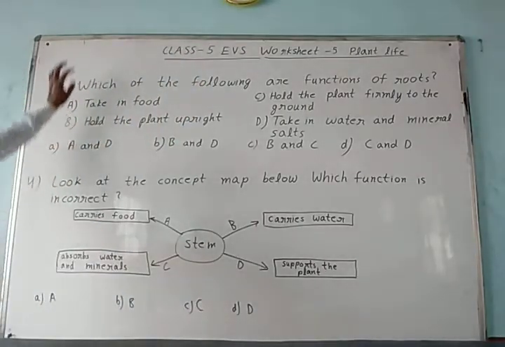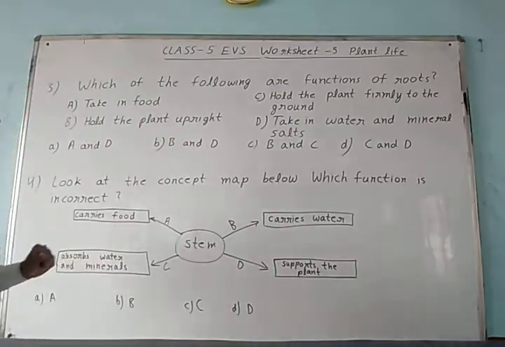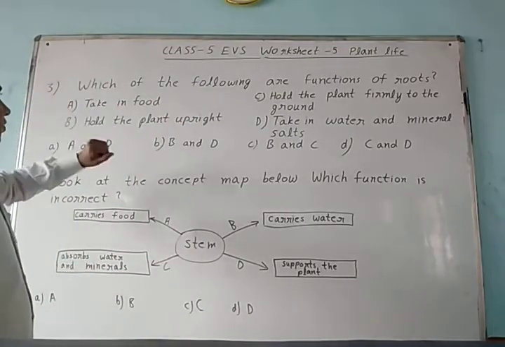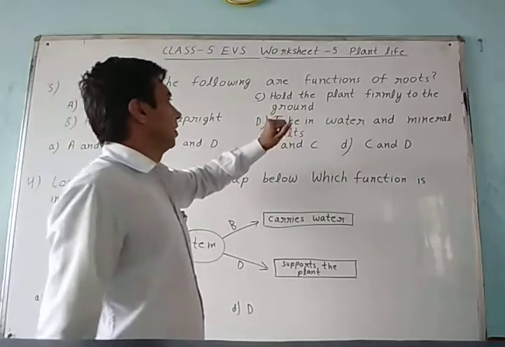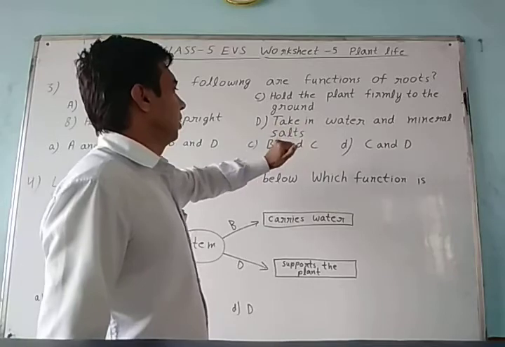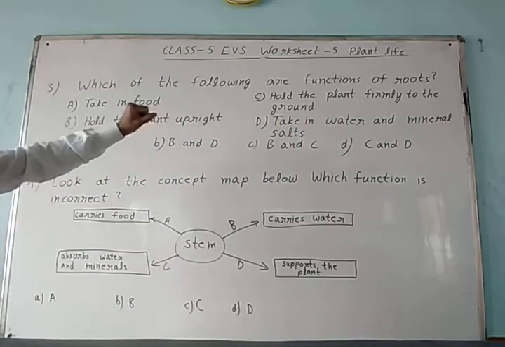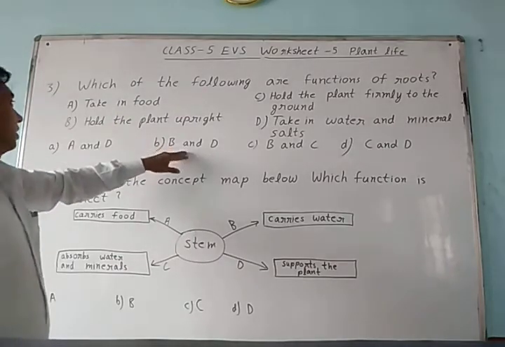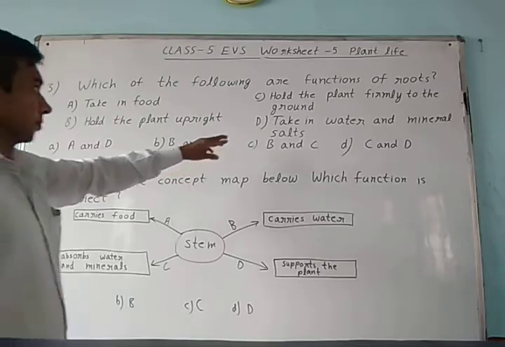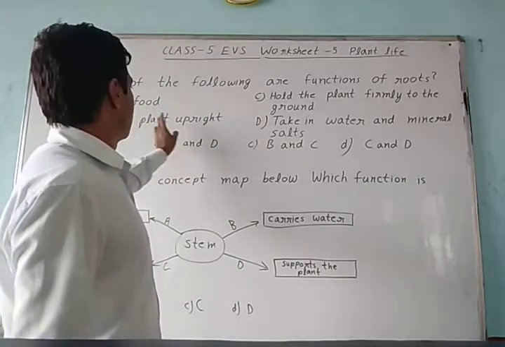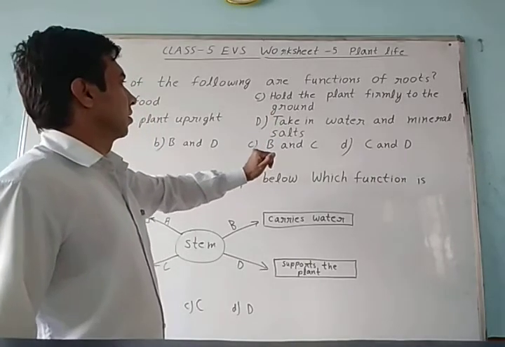Next question, students. Which of the following are functions of roots? Take in food, hold the plant upright, hold the plant firmly to the ground, take in water and mineral salts. A and D, take in food, take in water and minerals. B and D, hold the plant upright, take in water and mineral salts. B and C, hold the plant upright, hold the plant firmly to the ground.